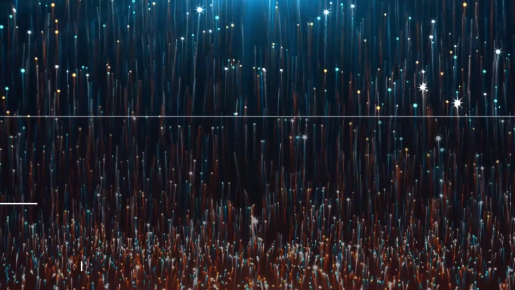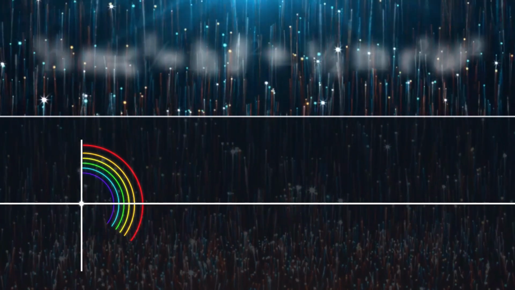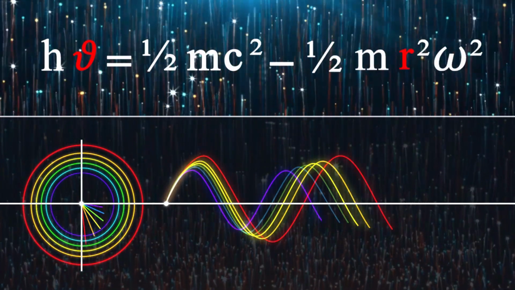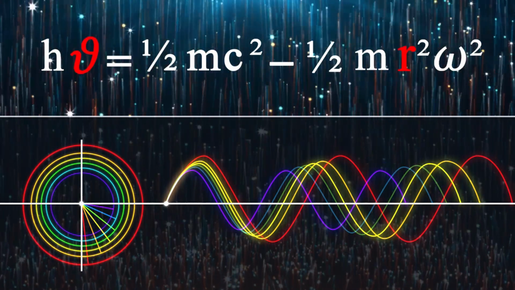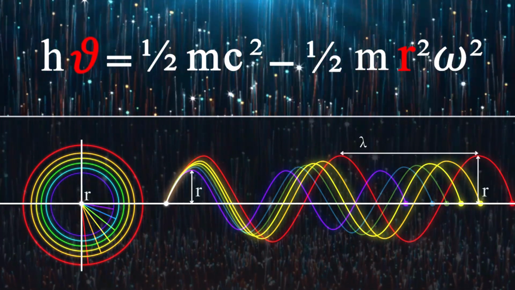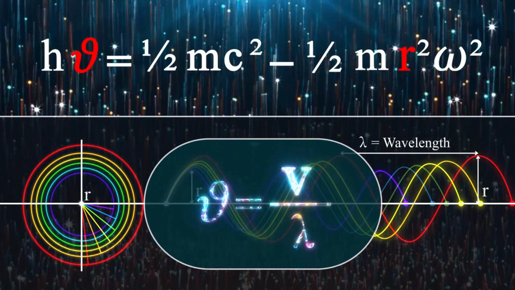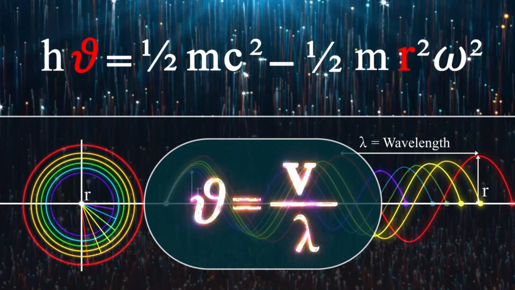The important and interesting point in this new formula for the energy of the photon is that the variables of this equation are homogeneous. As you know, for a wave with constant velocity, the frequency is directly related to the inverse value of wavelength.